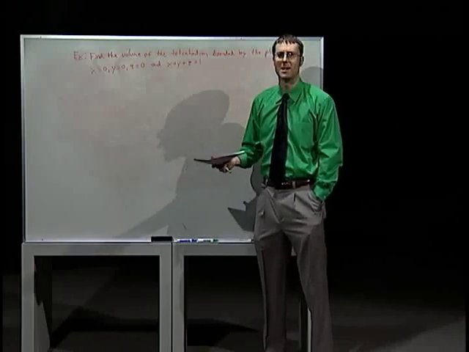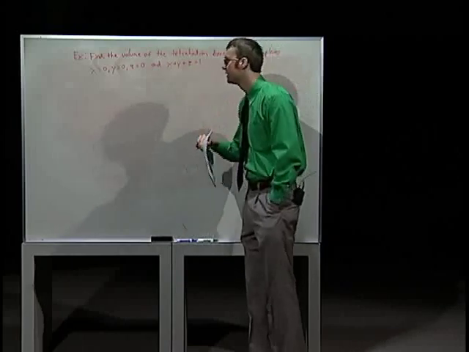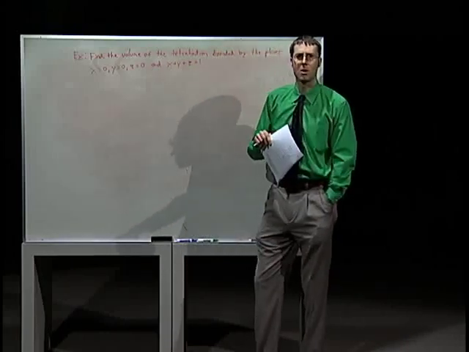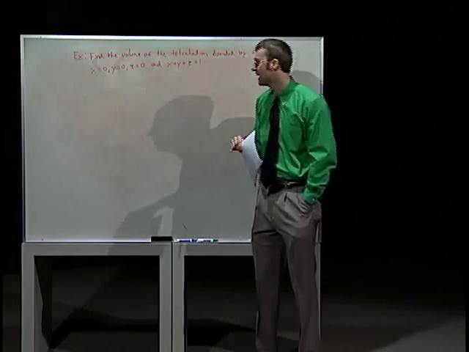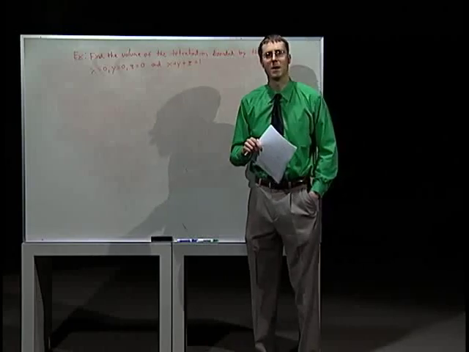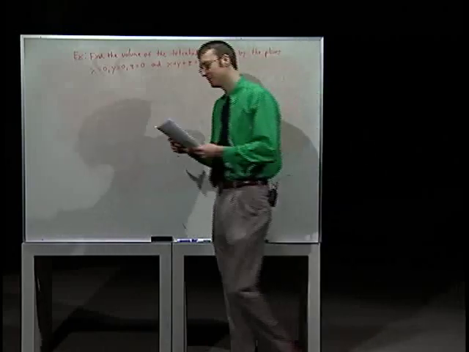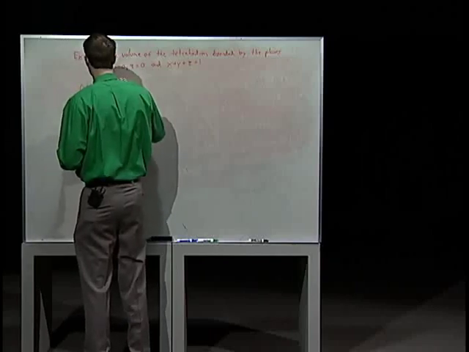So we need 2 drawings rather than just 1. We need 1 drawing of the surface in space, and we need 1 drawing of its projection onto a plane. In our case, it'll be the xy plane, but any plane will really do. It could be the xz plane or the yz plane just as well sometimes. So we do need 2 drawings here.